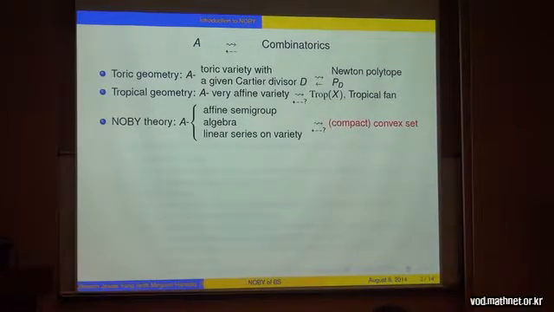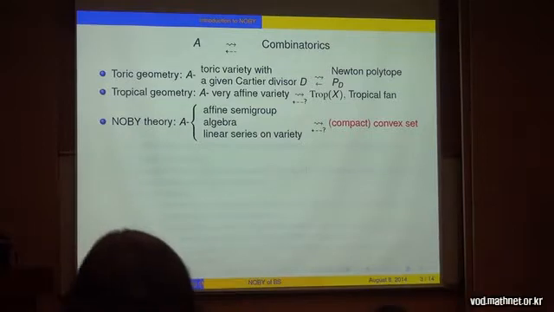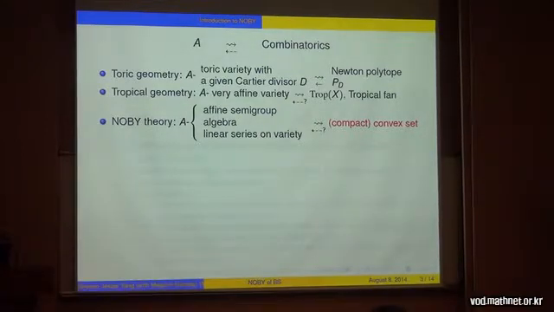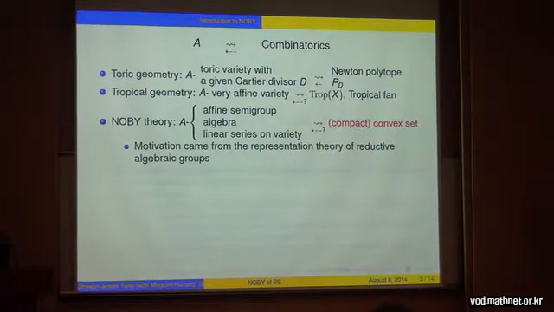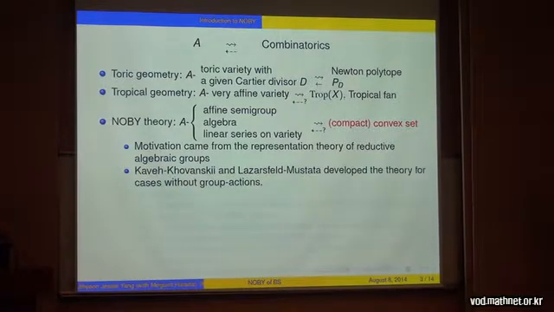And now here's the main topic for my talk, Newton-Okounkov body theory. Here A is either an affine semigroup, an algebra, or a linear series on a variety, and we will assign a convex set. In most cases we will get a compact convex set, and it's called a convex body. The motivation came from the representation theory of reductive algebraic groups. However, Khovanskii and Lazarsfeld-Mustata developed the theory for cases where you don't need group actions.